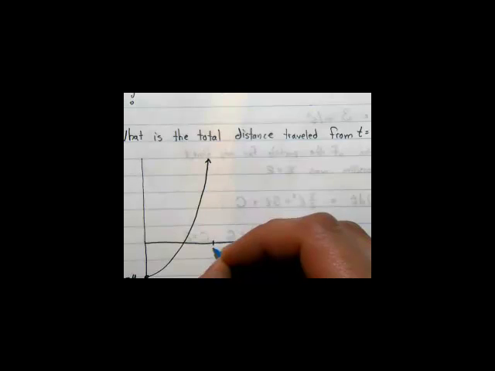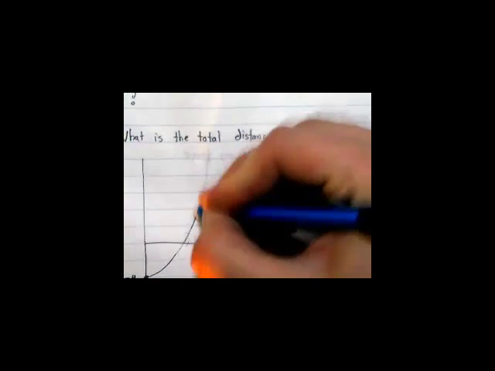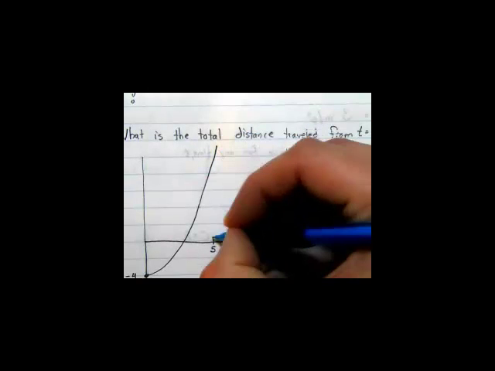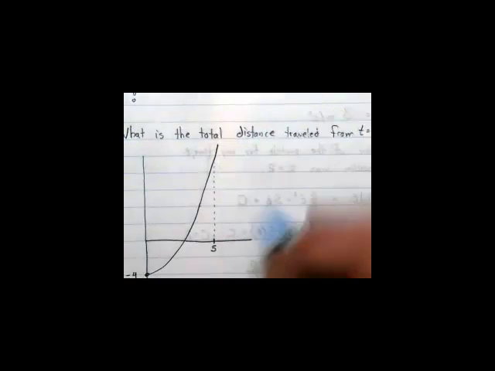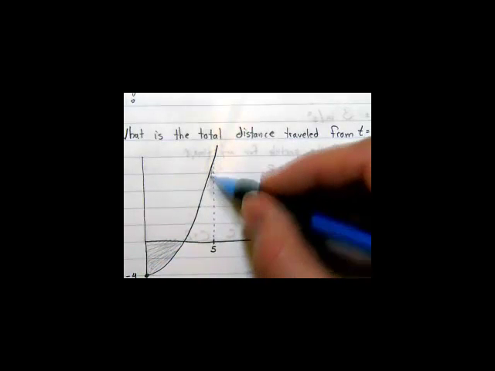So let's say 5 is out here somewhere. I should make this come out a little bit more. This is not exactly to scale, but it doesn't really matter as long as we can get everything we need. All right, so we've got this area here and this area up here.